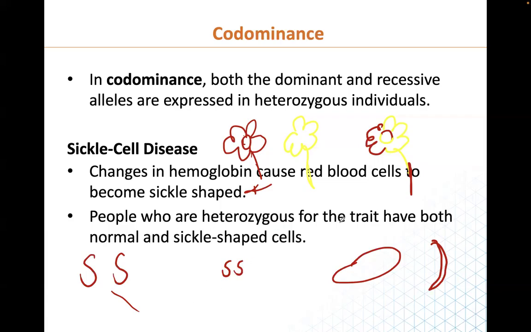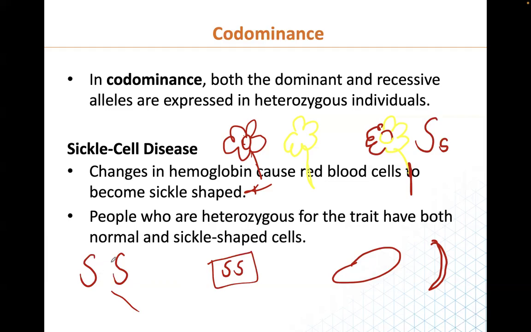Sickle cell, as we know, is a recessive disorder, so you need to inherit both lowercase s before you can have it. But we have people who are heterozygous for it. They have uppercase S and lowercase s. These heterozygous people are the ones we say have codominance.